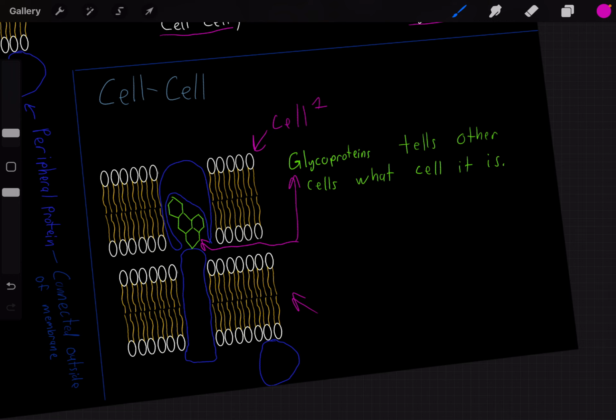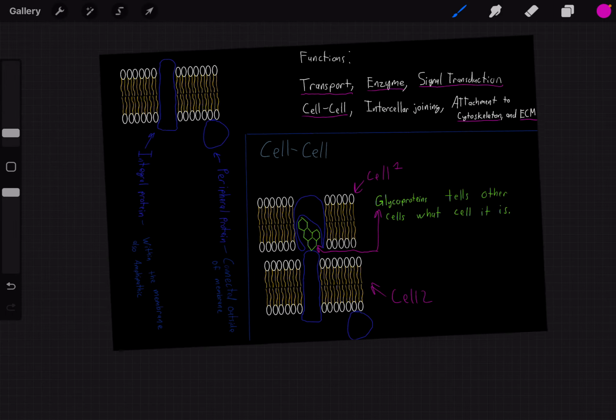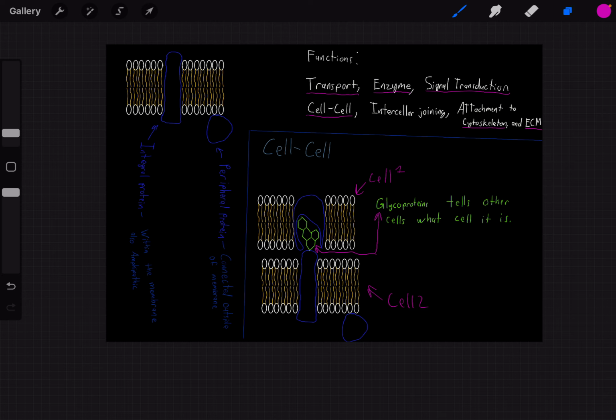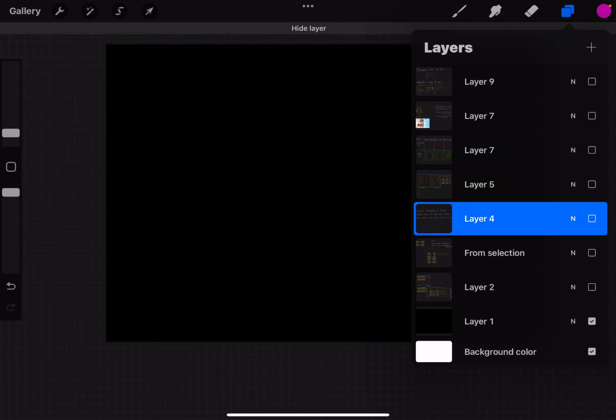It knows what cell 2 is. So this tells the other cell what cell it is. Is it this cell, or is it that cell? They have so many different types of cells in your body. It just identifies the cells, which is really important. That is it for that slide.